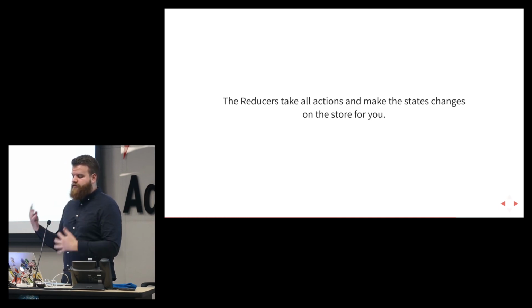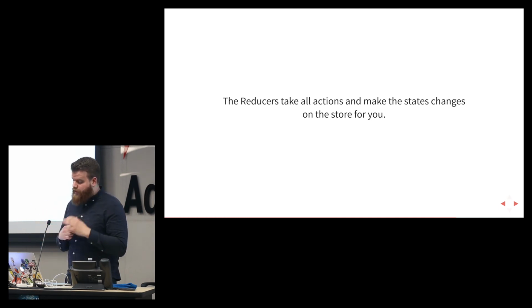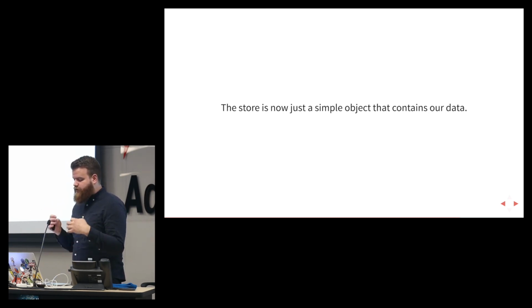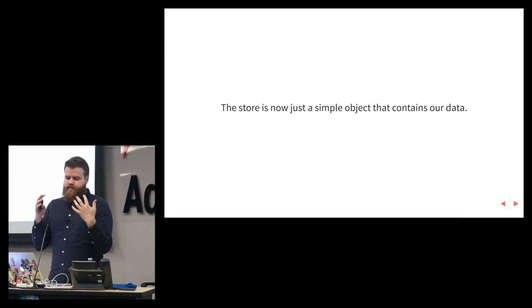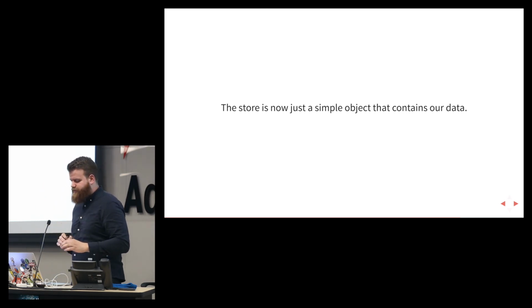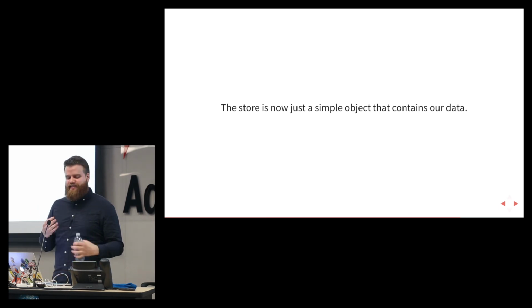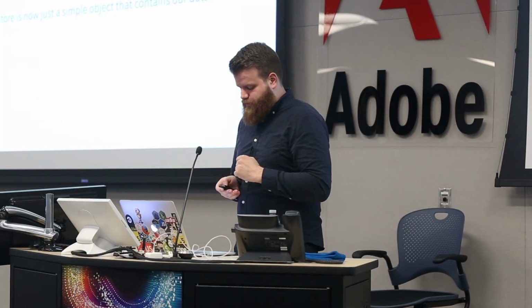Reducers take all of the actions, like the stores did in the Flux model, and they allow us to change the state as we go. The store's state is now a simple object that contains our data, and our reducers will be responsible for acting on specific parts of that object, specific parts of that store.